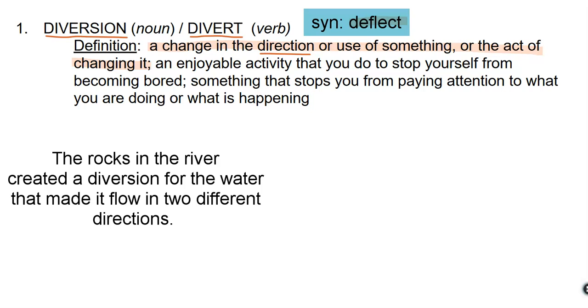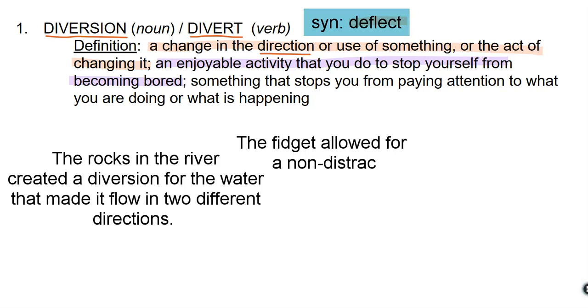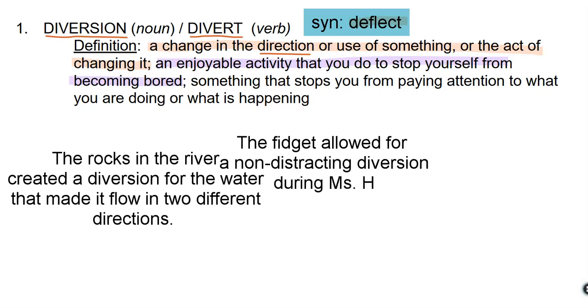Now, the other definition of diversion is an enjoyable activity that you do to stop yourself from becoming bored, right? An example of that purple definition would be: the fidget allowed for a non-distracting diversion during Ms. Haynes' boring lecture.